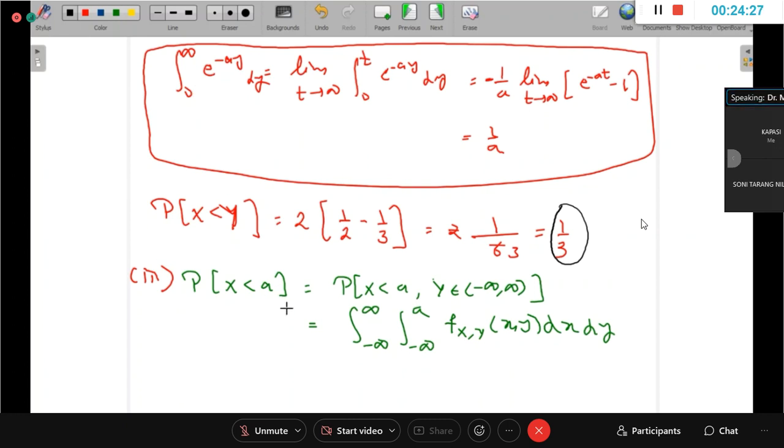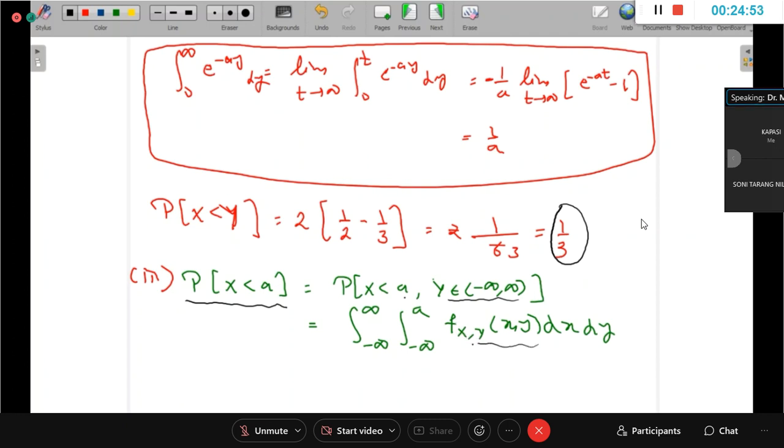Now, the third problem was to identify the probability of x less than a. There are two ways. Either you find the marginal PDF for x and then evaluate it, or you can straightforwardly write x less than a and y over the whole sample space, minus infinity to plus infinity.